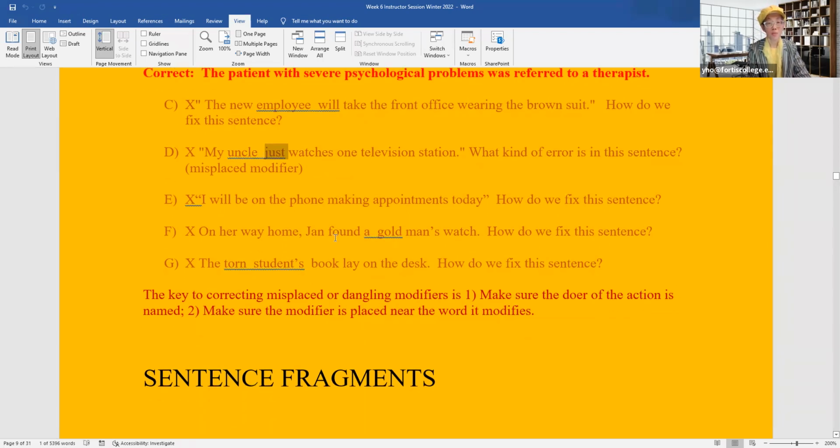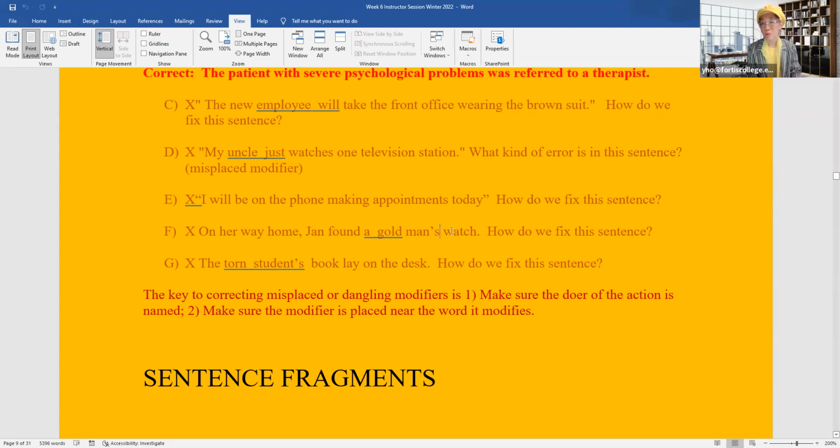On her way home, Jan found a gold man's watch. Men are not made of gold, so gold is in the wrong place. So you need to place this modifier over here: on her way home, Jan found a man's gold watch.